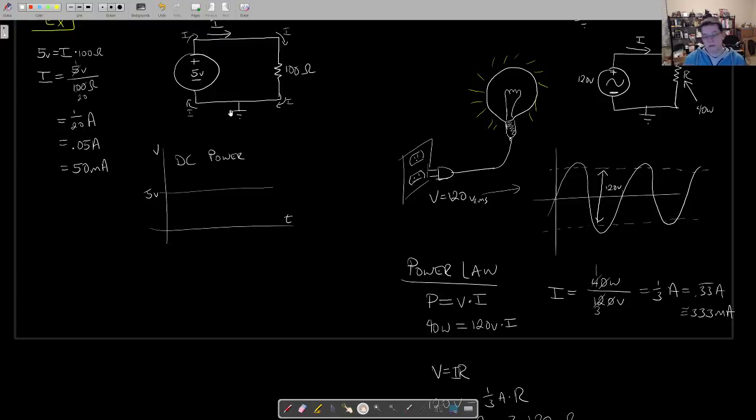So 5 volts, pretty typical logic level for microcontrollers and stuff. Inside of a lot of Arduinos and such, a lot of that's using 5 volts. 100 ohms is a pretty sizable load for a microcontroller, but nobody's going to get hurt by 50 milliamps at 5 volts.